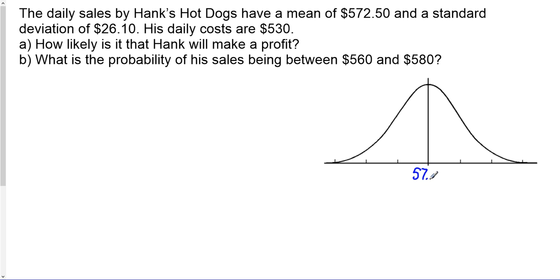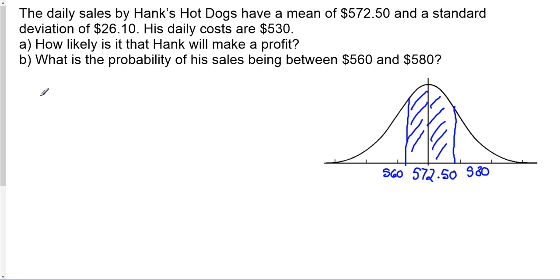So we know that the mean is 572.50, and 560 is going to be over here just below the mean, and then 580 is going to be over here above the mean. So the area that we want is this entire area between these two.